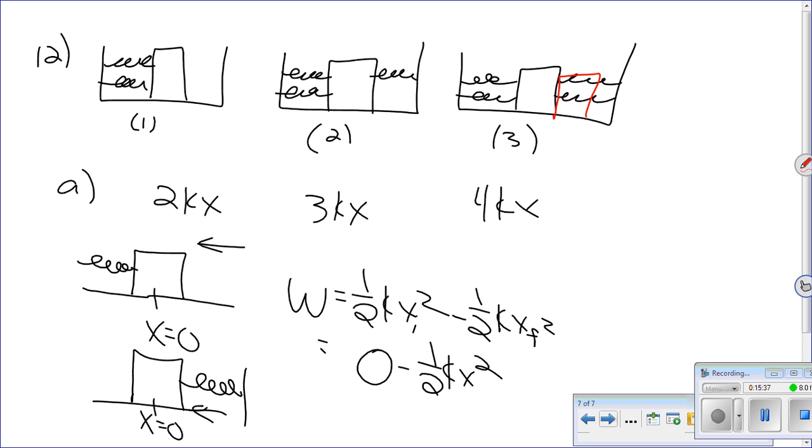My displacement here is positive, but all 4 springs are pushing in a negative direction. Good? Everybody good? Because the springs are working against you trying to move it that way.